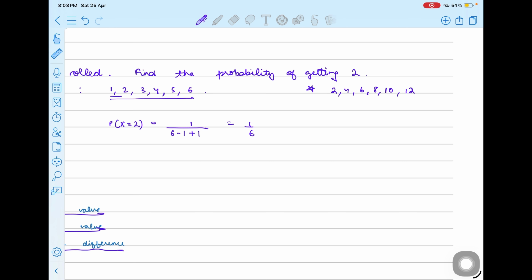Here, all of these outcomes are equally likely. Now, it would not be as easy to calculate the probability of these as it was for the die question. Probability of x equal to 2 is h divided by (b minus a plus h), which would give us 1 by 6.